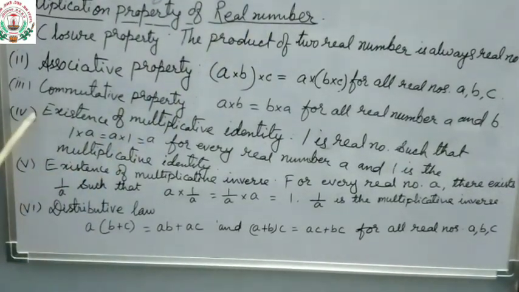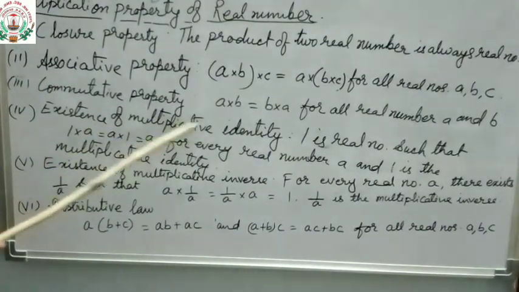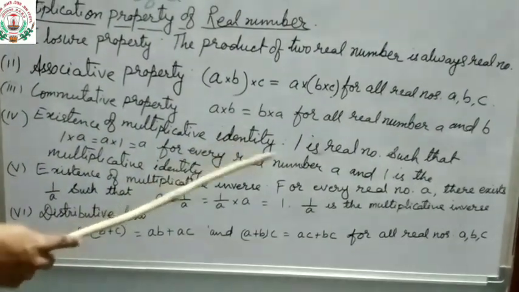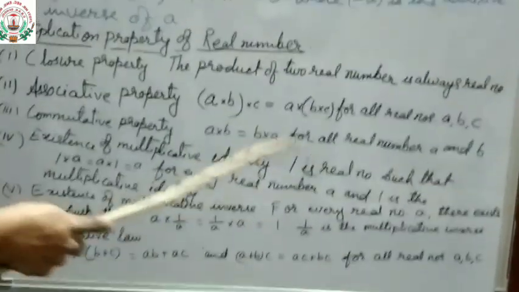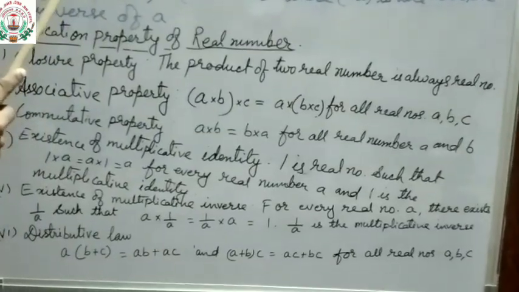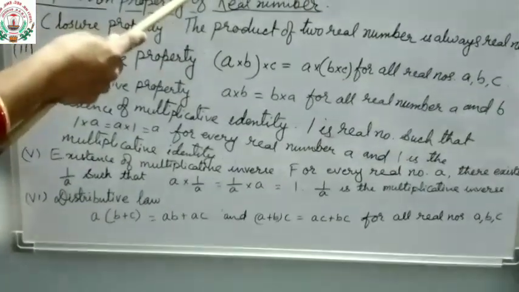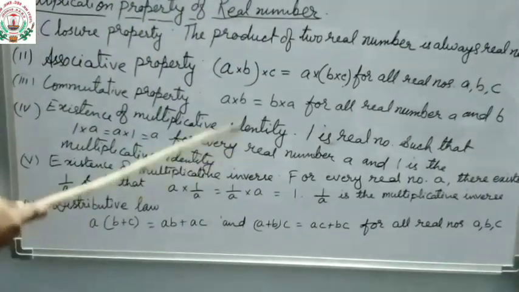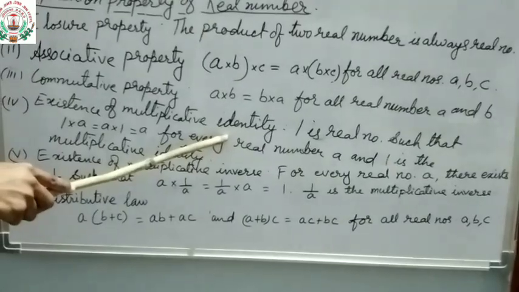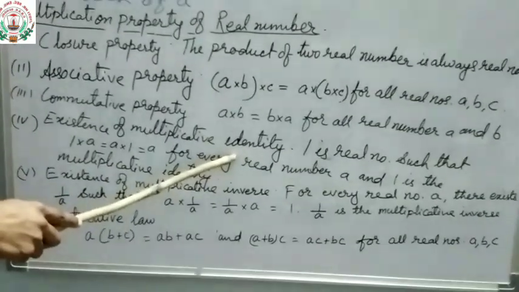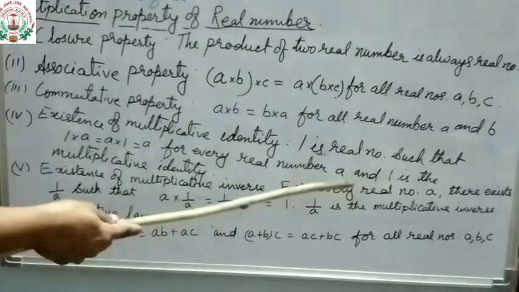Clear? Now come to the fourth point, that is existence of multiplicative identity. So what will you be multiplying to the real number so that you will get the same real number, like in addition? There you were adding, that is why 0 was the additive identity. But here, what will you be multiplying to the real number so that you will get the same real number? You know that, 1. 1 multiplied to any number will give the same number, right?